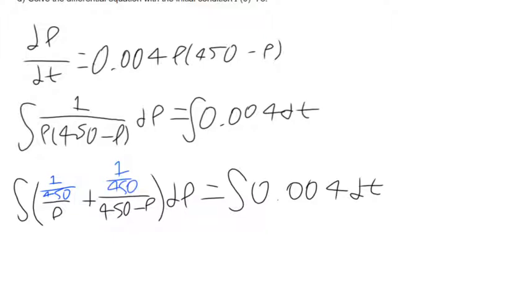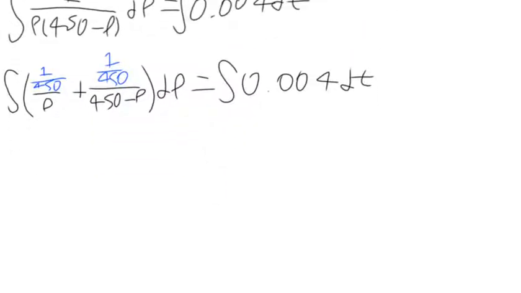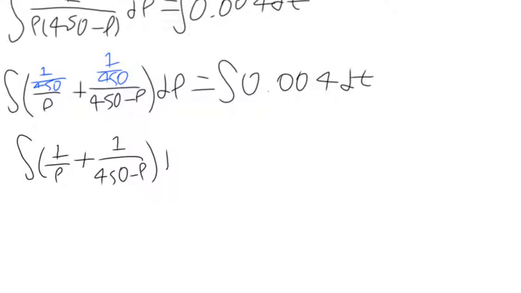And now perhaps I will multiply the integrals on both sides by 450. That'll wipe these out, turn them into 1s. So I'll have the integral of 1 over p plus 1 over 450 minus p dp equals, when you multiply this by 450, you should get 1.8. And then the dt right here. And now we are ready to integrate these. So when you integrate this, you will get natural log of p.